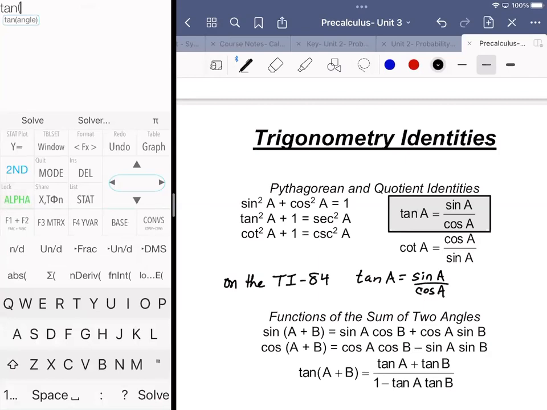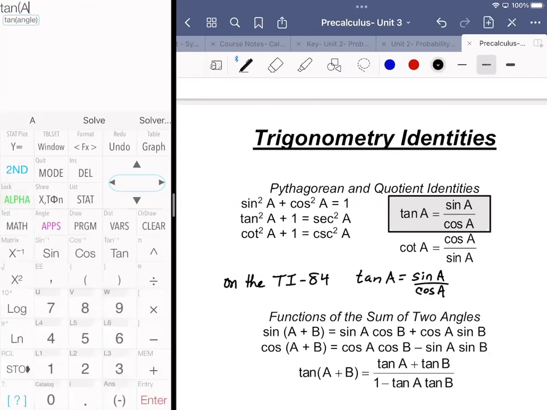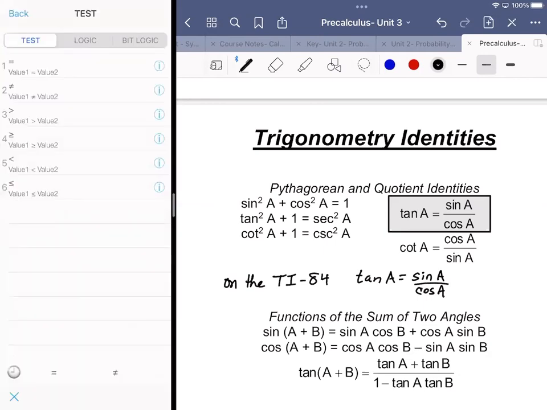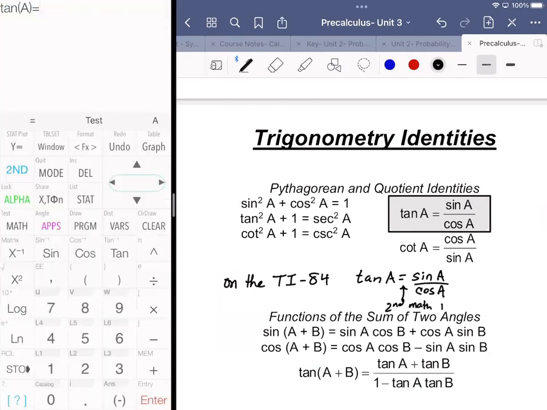And then alpha A is equal in the math, in the second math menu. It brings up test functions. The second math option 1. Sine of A divided by cosine of A.